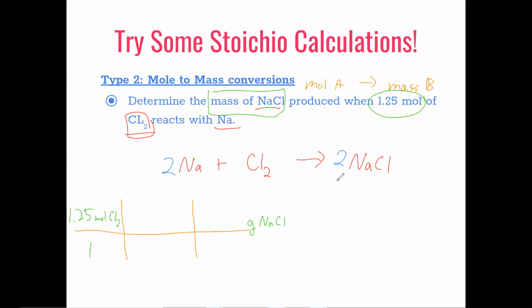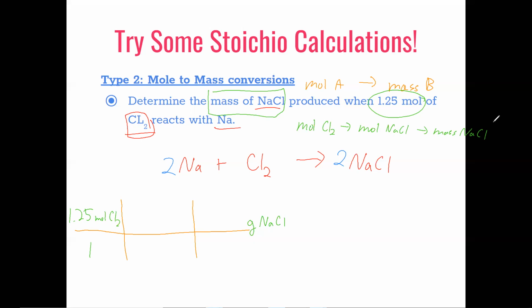Okay, so now we look at our mole map. We figure out what we're even going to do. By looking at the mole map, you're going to need to figure out that we are going to go from moles, let me write this up here, moles of Cl2 to moles of NaCl to mass of NaCl.